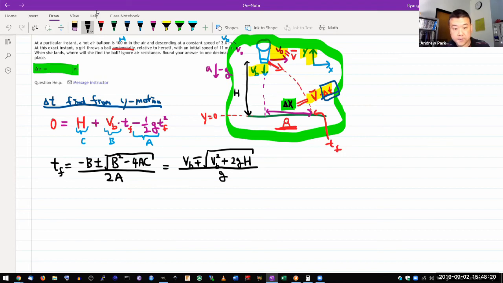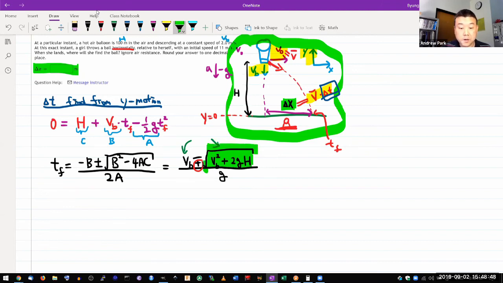I can give an argument for keeping only the plus sign here, because looking at these two terms carefully, I can see that this term here is actually going to be greater than VB after you square root it, because it's VB squared plus some positive number and then square rooted.